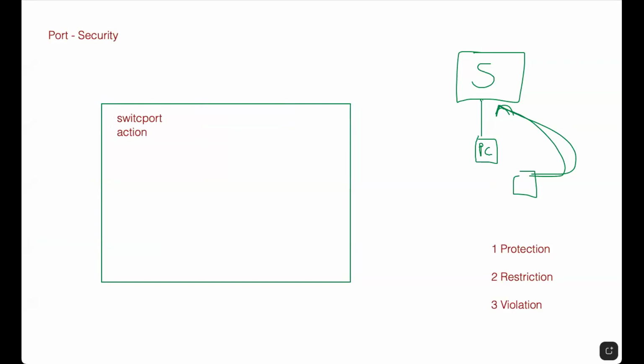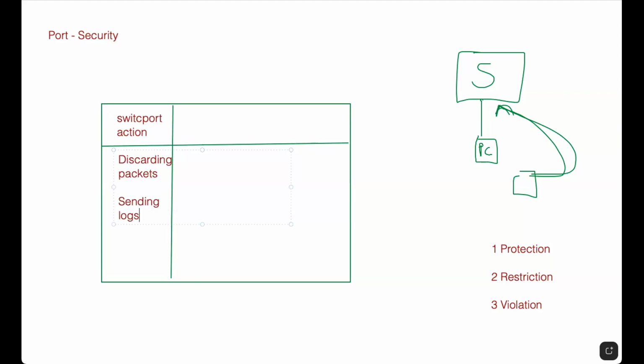There are 3 actions. One action is discarding packets. Second action is sending logs. Third action is disabling the interface. Okay. So there are 3 types of violation it can do. Actions, right? Protection.